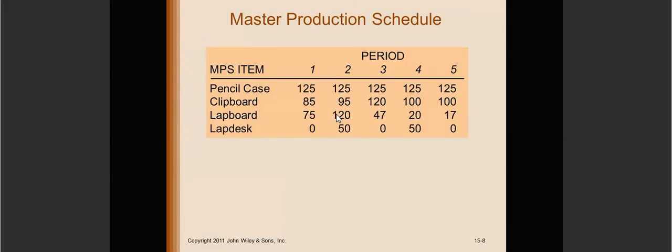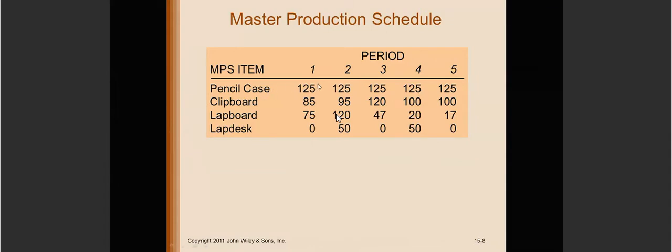So this is an example of a master production schedule, and we have here the products pencil case, clipboard, lapboard, and lap desk. The quantities shown in this table represent the combination of the forecast and customer orders for each period.